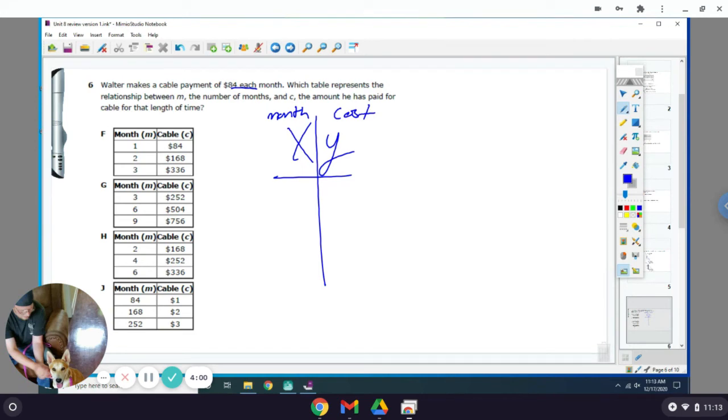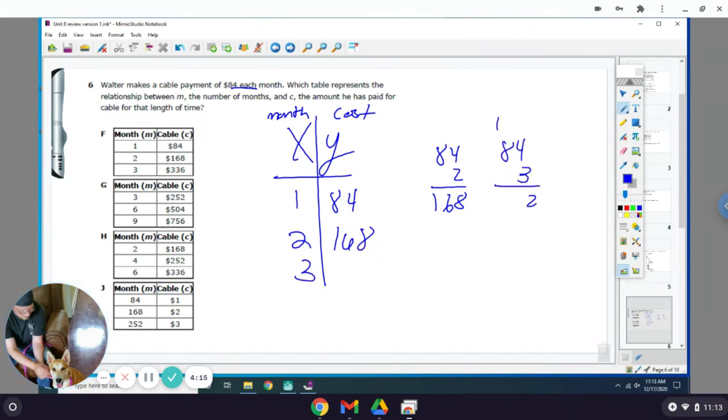So at 1 month, it should be 84. At 2 months, it should be double that. So I'm going to do 84 times 2, which is 168. And then 3, which would be 84 times 3, 252, and so on. So let's see if we can find this information.